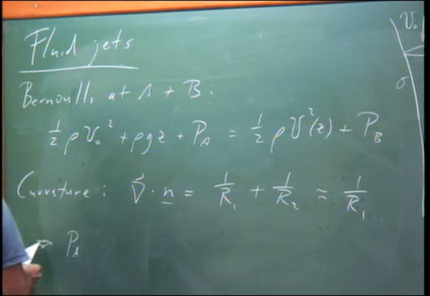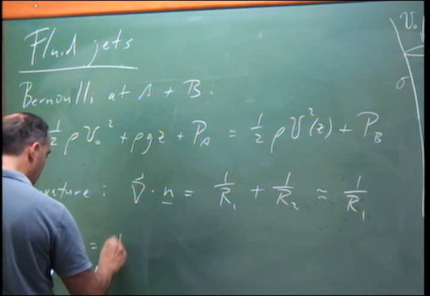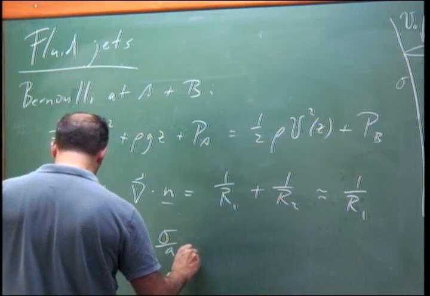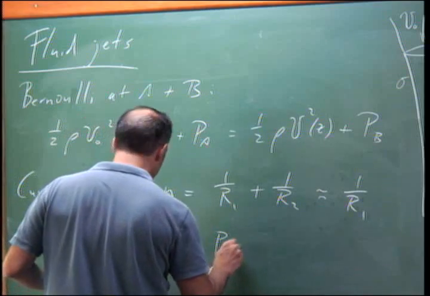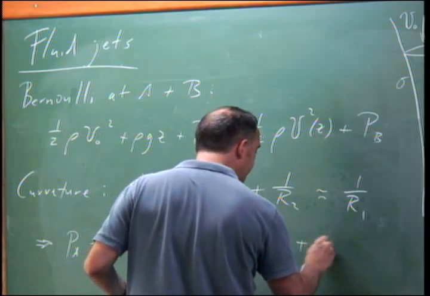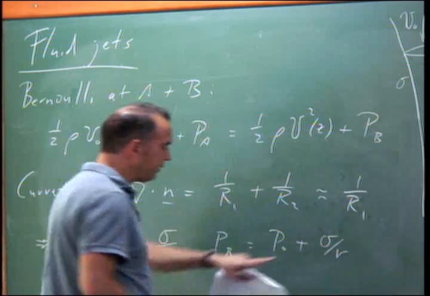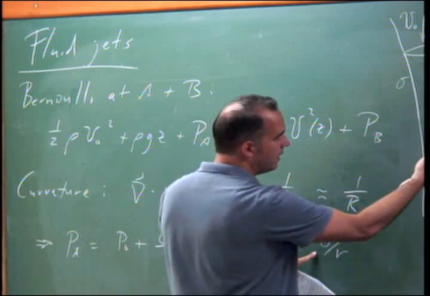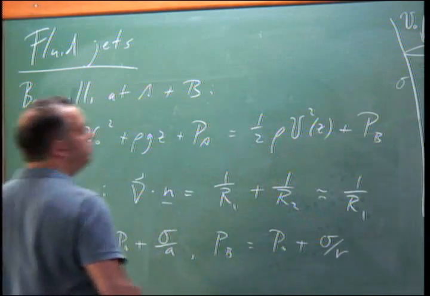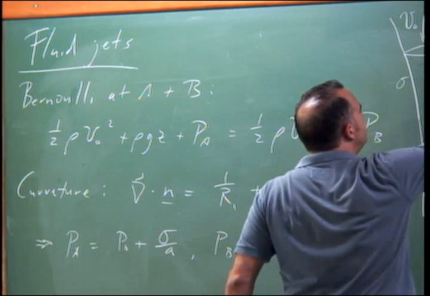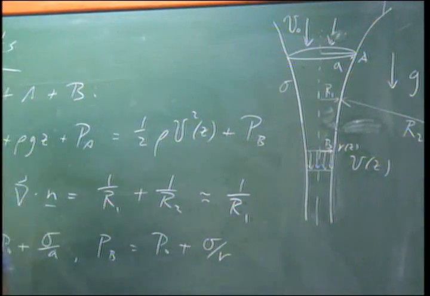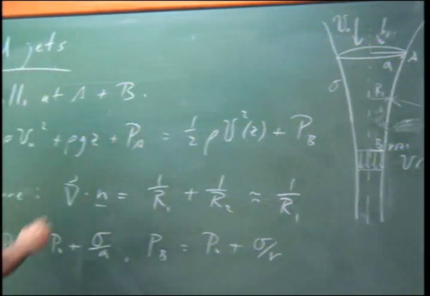So we can get the curvature pressures at points A and B. This is the jump in pressure as we move across the interface. Okay, so we can sub in here.